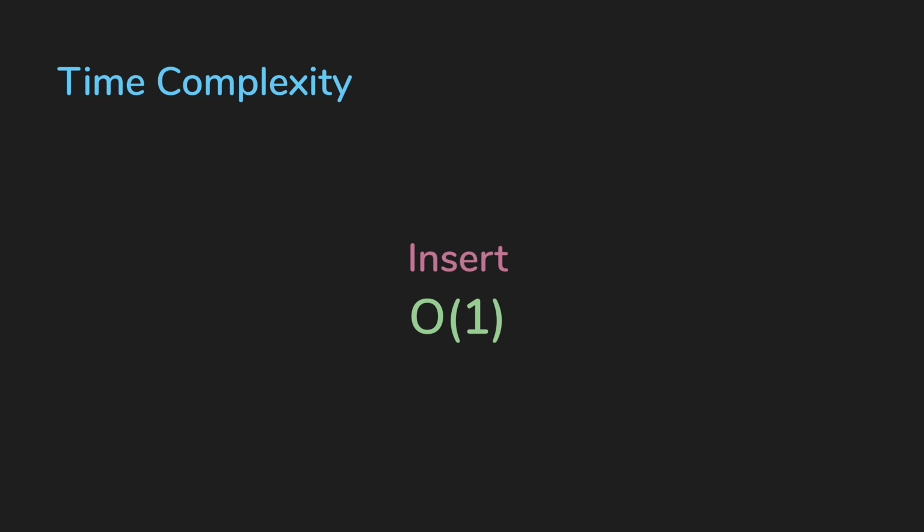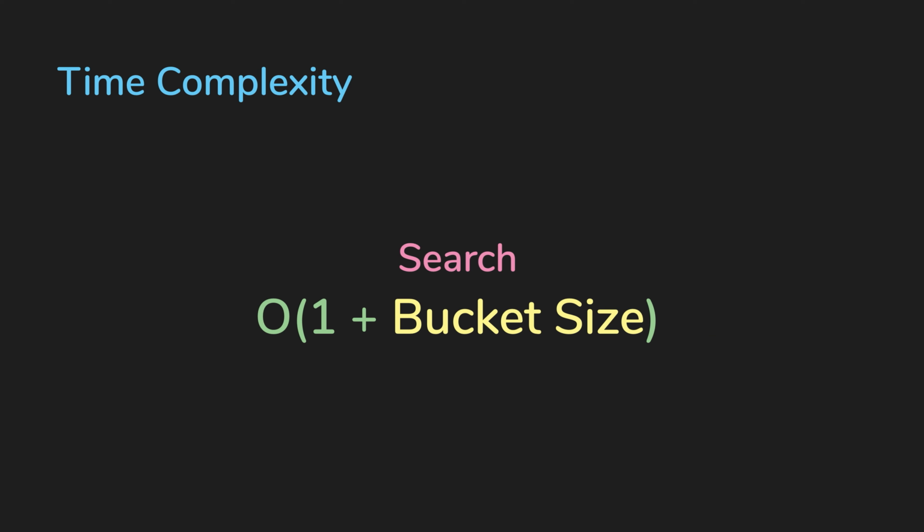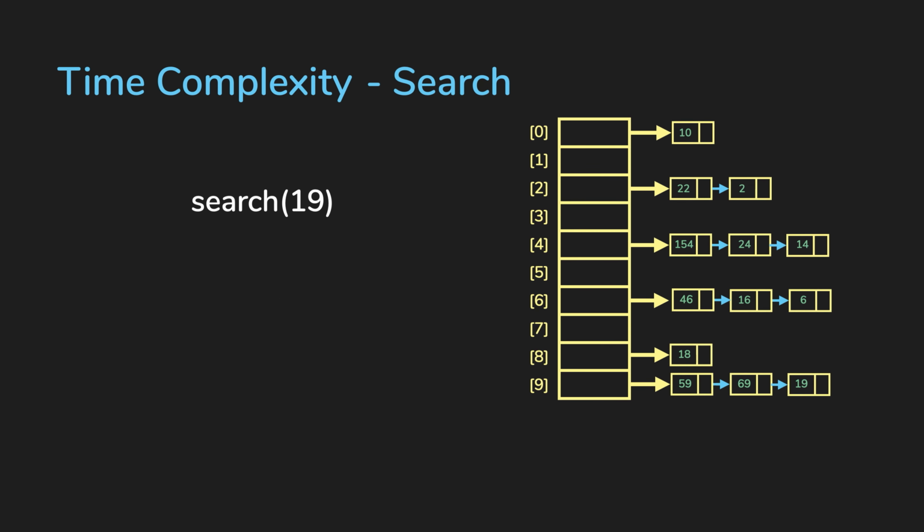Insert takes O(1) because hashing the key, going to the array index, and then inserting at the front of the list are all O(1) operations. Search will be O(1) plus the size of the bucket, or length of the linked list, because you'll be able to hash your key and access the pointer to the linked list in O(1) time, but you'll still have to search the linked list to find your original key, and that depends on the size of your linked list.